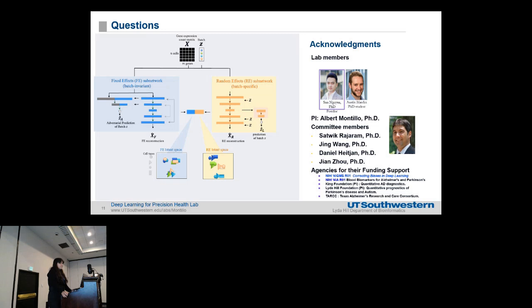Good presentation. Have you compared your method with well-known batch correction methods like Harmony or the Anchor method? This is something that I'm working on. I don't have results to show right now.